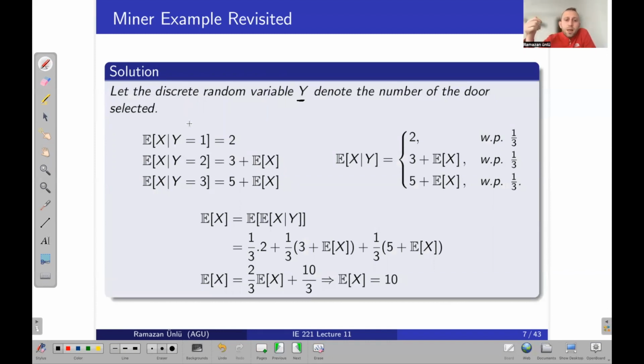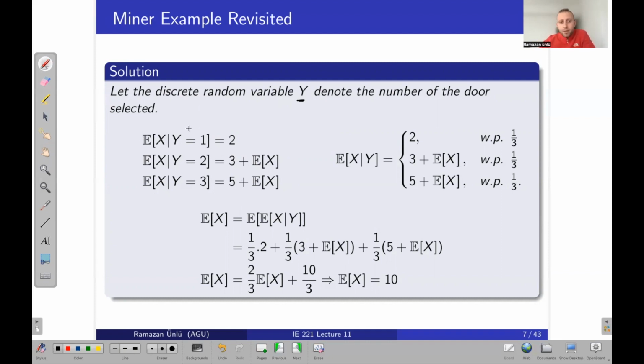If he chooses the second door, he will spend 3 hours but he will come back to the mine. So remember how we can write this: 3 plus expected value of x, 5 plus expected value of x in the previous part.